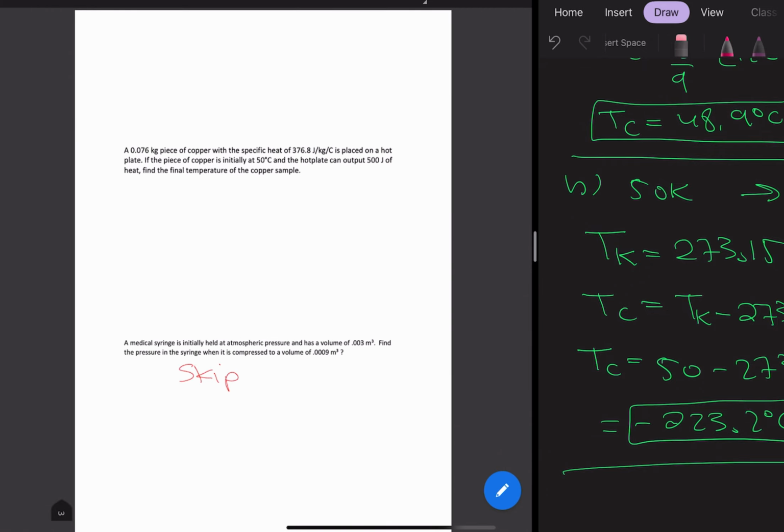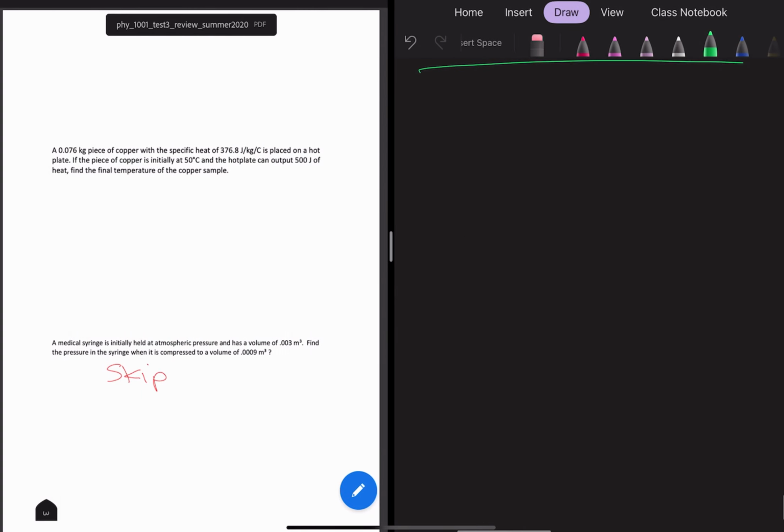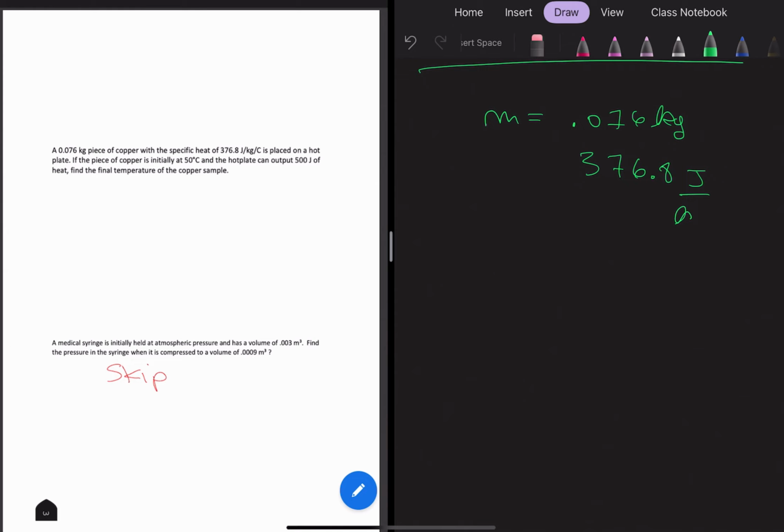Alright, so let's see how we can solve this. Writing down the givens, there's 0.067 kilograms, so that's a mass, and you have 376.8 joules per kilogram per degree Celsius, so that's a specific heat.